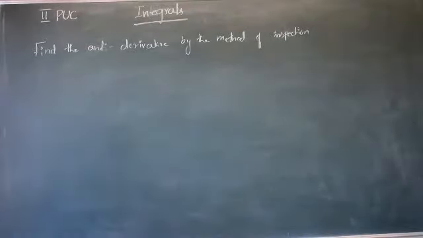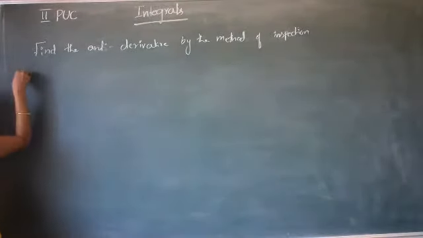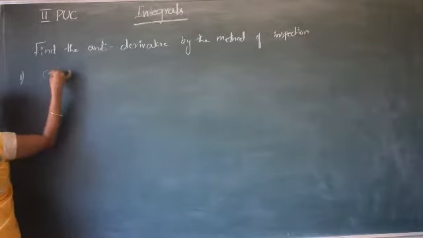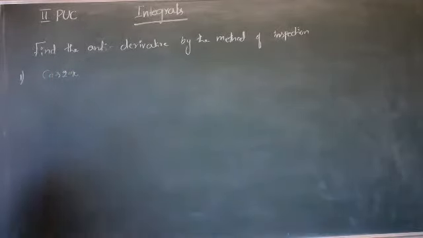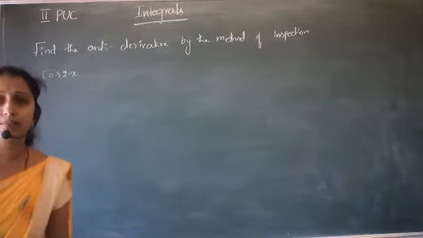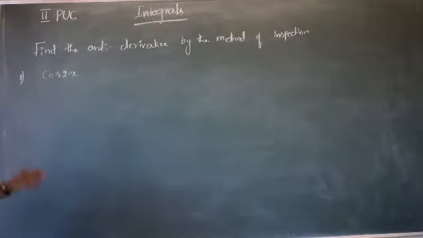The first one is cos 2x. So we have to find the antiderivative, in the sense of the integral of this function cos 2x, by the method of inspection.